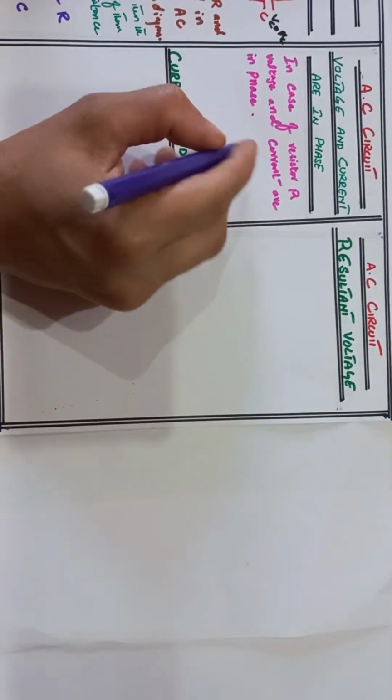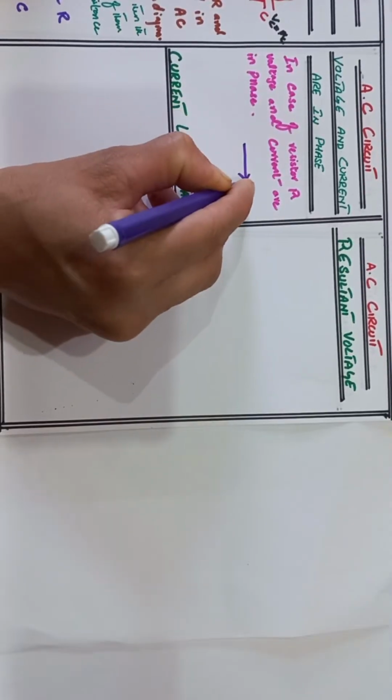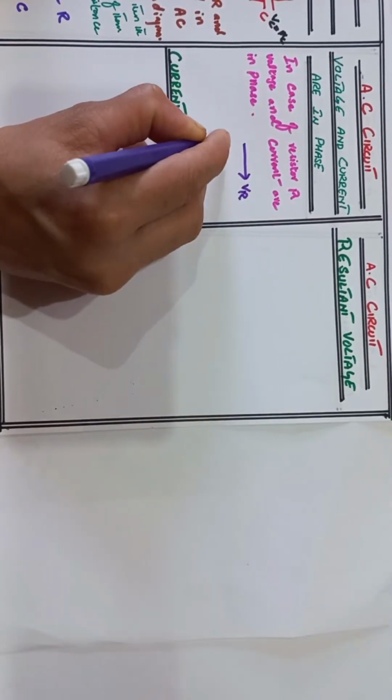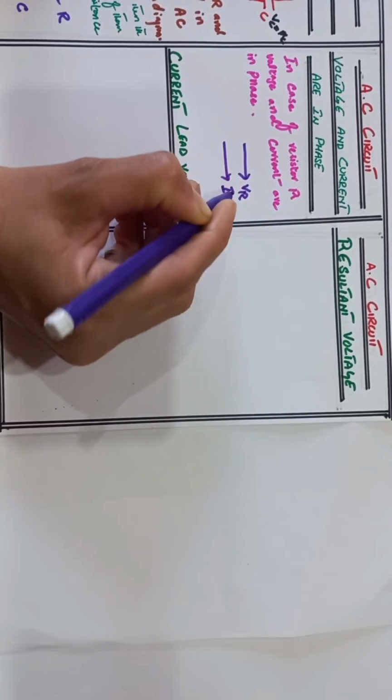When the voltage and current are in phase, the direction of the voltage across the resistor VR and the current are both in the same direction.